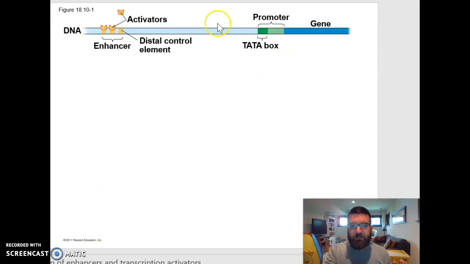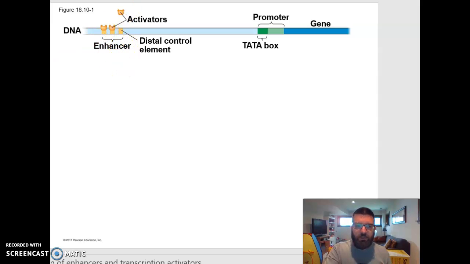So this is a case where we're supposed to believe that this is a long, long stretch of DNA, and way, way, way upstream are these control elements that are very distal, right, far away from the gene. And we call these distal control elements enhancers. And enhancers bind to activators, which are a type of transcription factor.